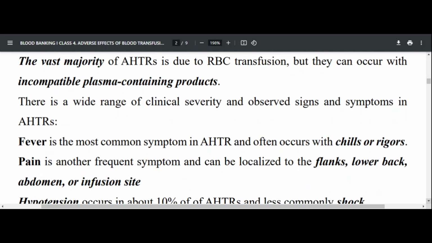First of all, you have to know that there should be fever. Fever is the most common symptom in acute hemolytic transfusion reaction, and most commonly it occurs with chills and rigors, and pain is also another frequent symptom. Pain is localized to the flanks, lower back, abdomen, as well as the infusion site. Infusion site pain is very common in acute hemolytic transfusion reaction.